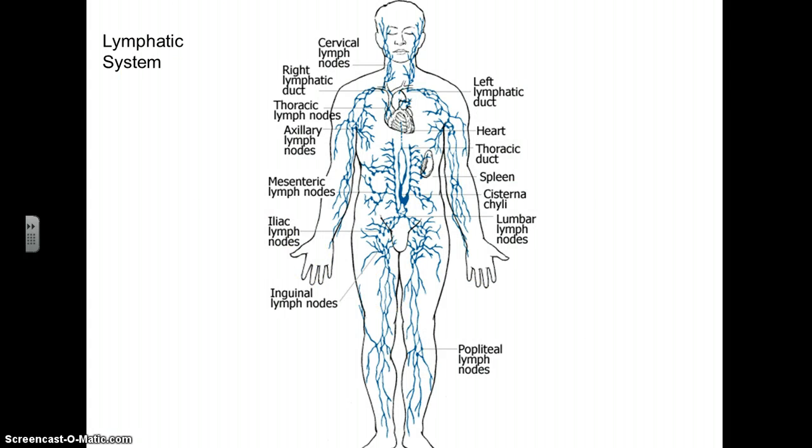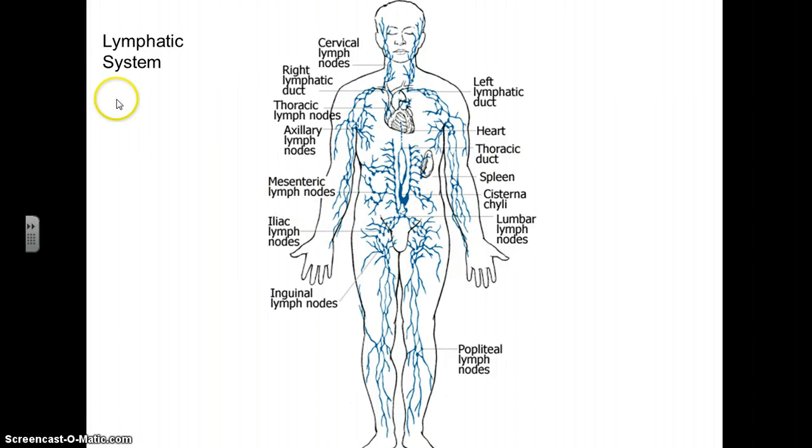Your lymphatic system, real quick, is a system of vessels that takes fluid from your cells back to the heart. What happens as blood flows around your body, some of the liquid is lost from your circulatory system into the surrounding cells, and the lymphatic system collects that liquid and sends it back into the circulatory system up by your heart.